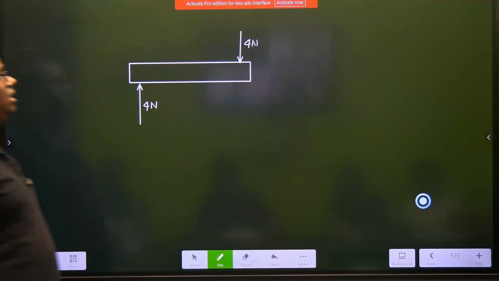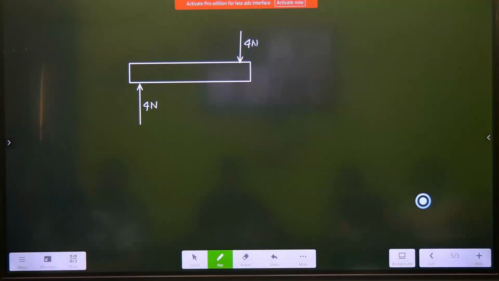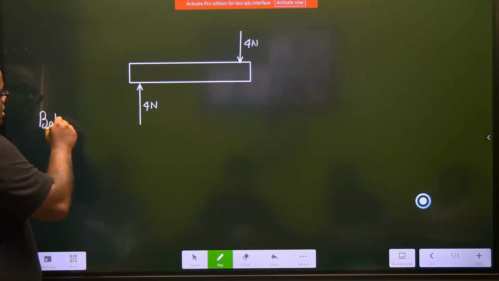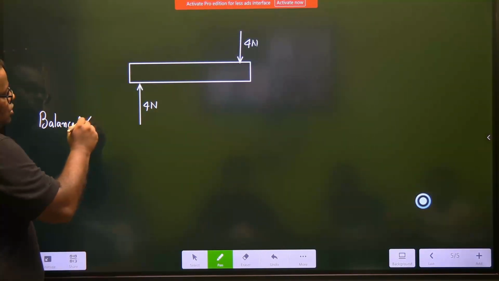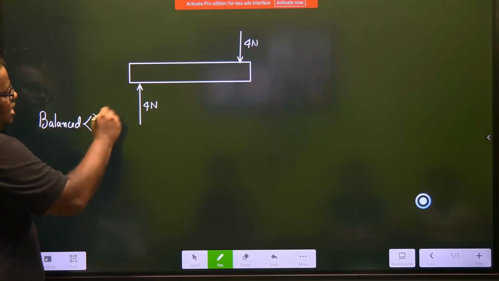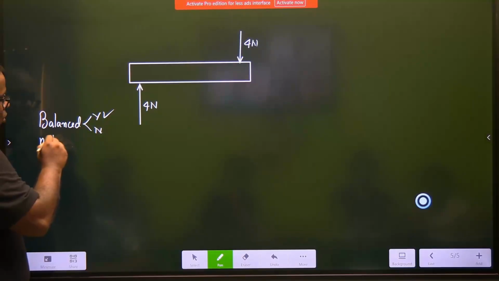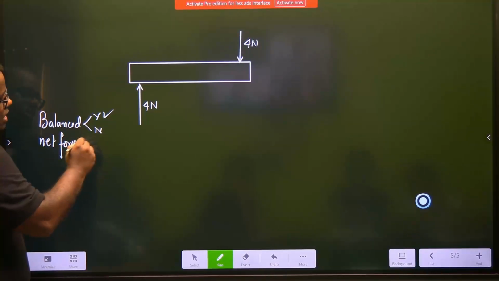One force is acting northwards, one force is acting southwards. So in this case, we will say, are the forces balanced? Let us ask our question. Are the forces balanced? Yes or no? We say yes, the forces are balanced, right? Then our next question is, what about the net force? We say net force is 0.